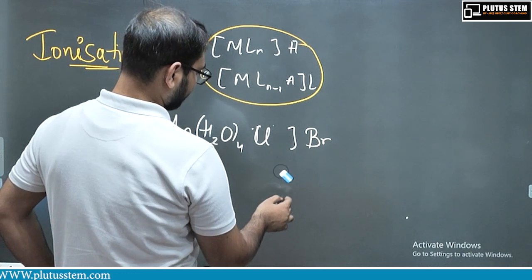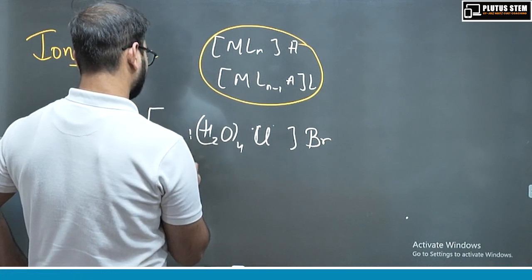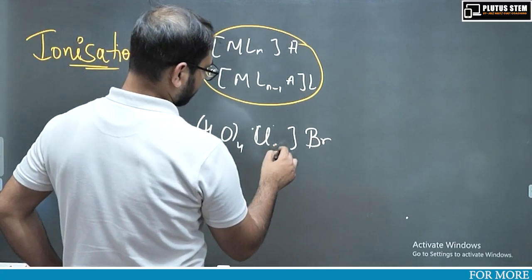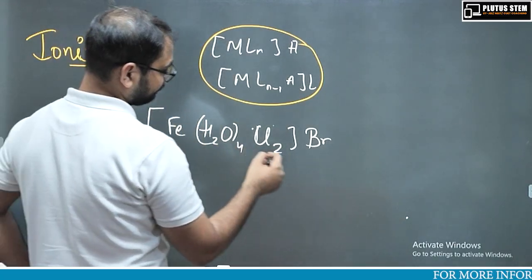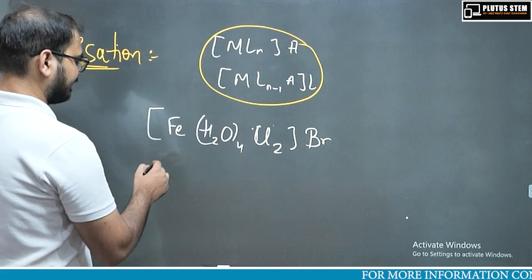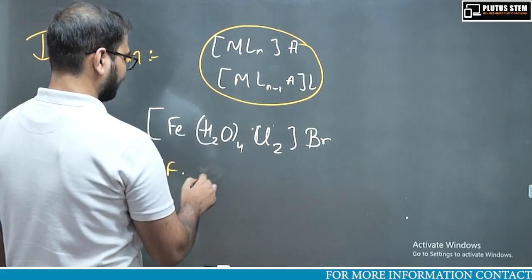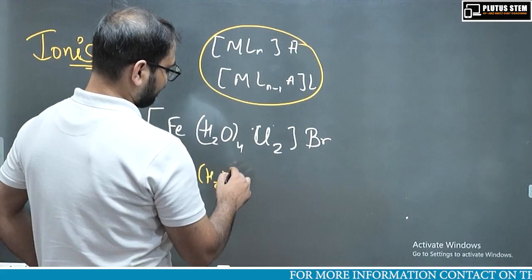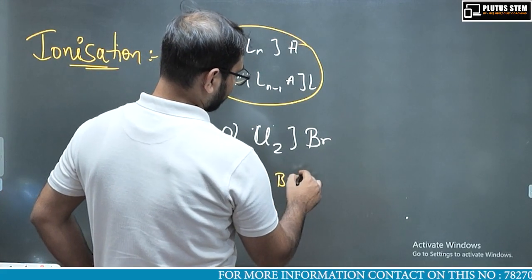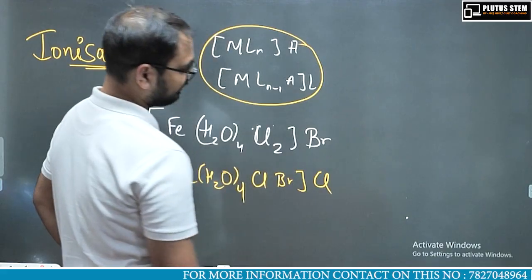Wait, Cl2, it should be iron. That's Fe, that's Cl2, and that's Br. So here Br can act as a better ligand, so it will move inside the coordination sphere, removing one Cl, which can then later become the counter ion.